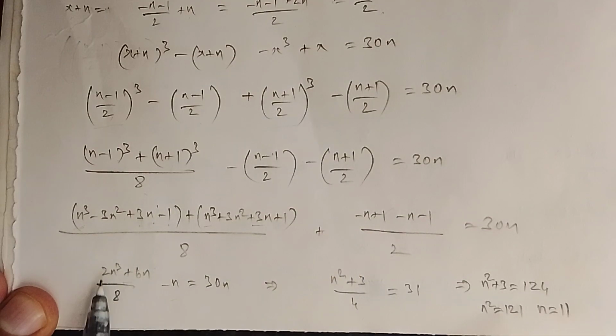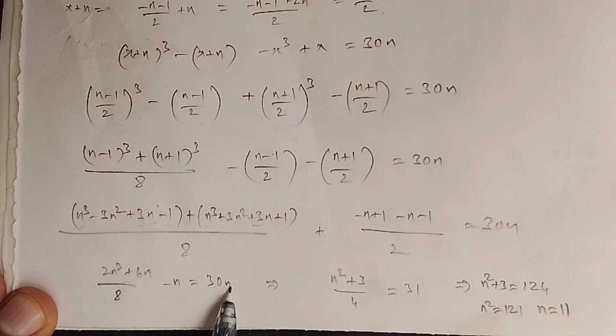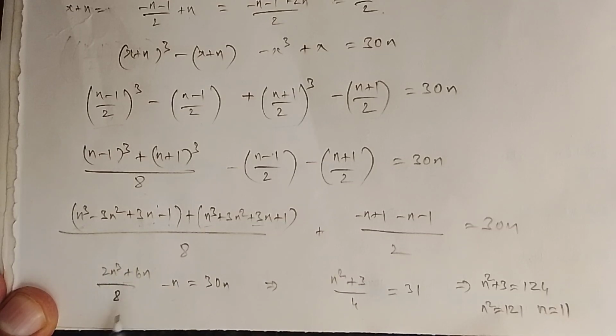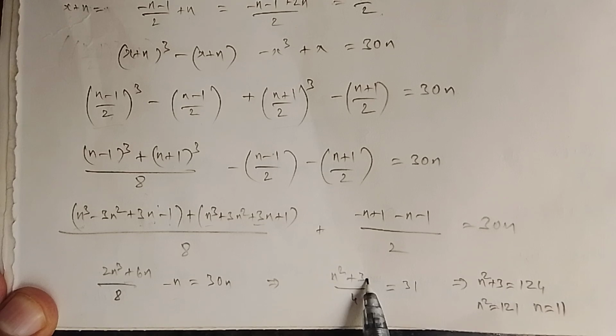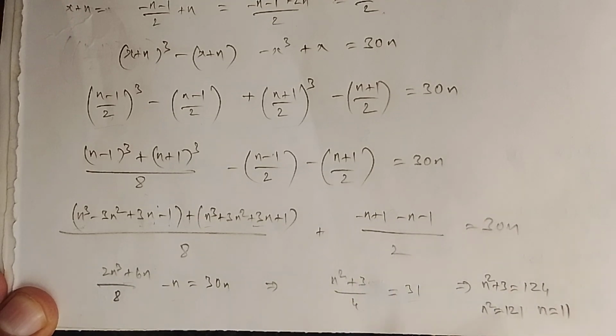Right, here we can further simplify this. We can cancel n and n here also. So we'll be left with 2 and 6. We can simplify this and we'll make it n square plus 3 by 4 equals 31, which is nothing but n square plus 3 is 124, n square is 121, and n equals 11.